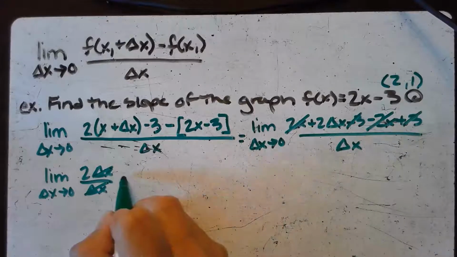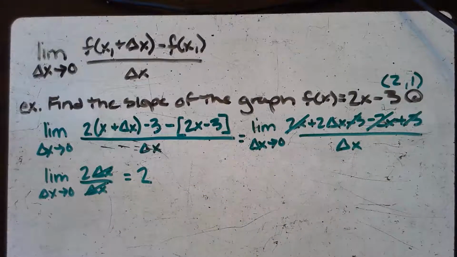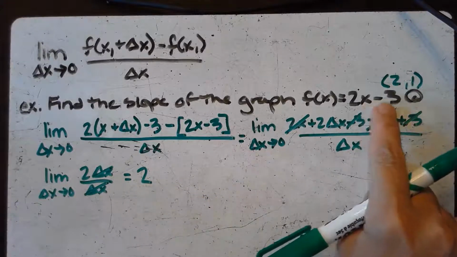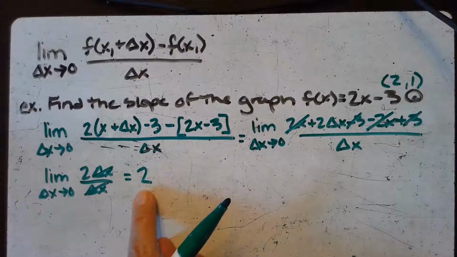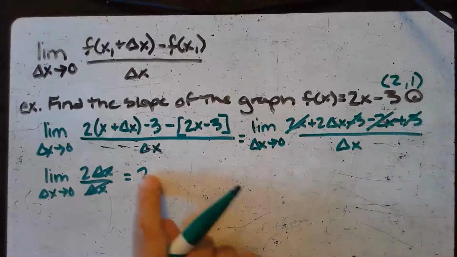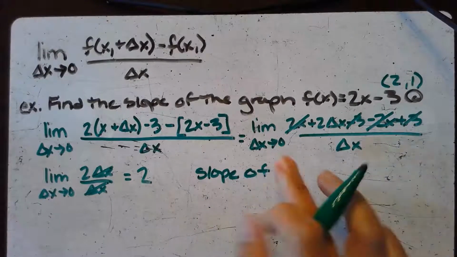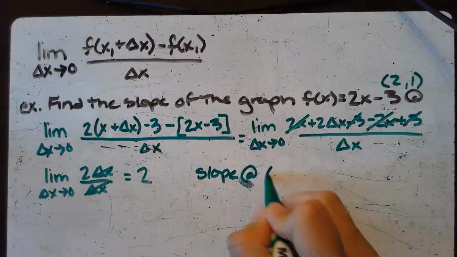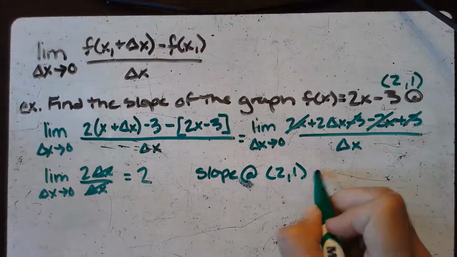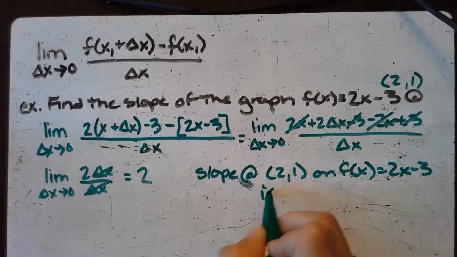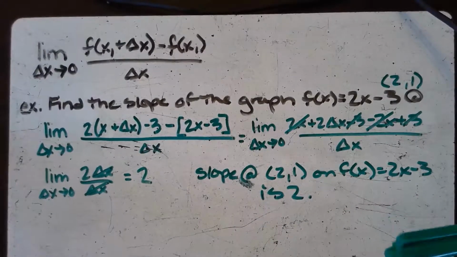The delta x's go away. And this is 2. All right, so here we want to know what the slope is of the graph of 2x minus 3 at the point 2, 1. Well, I don't have any x's here to plug this x into, so the slope at 2, 1 on f of x equals 2x minus 3 is 2. It's just that constant of 2.